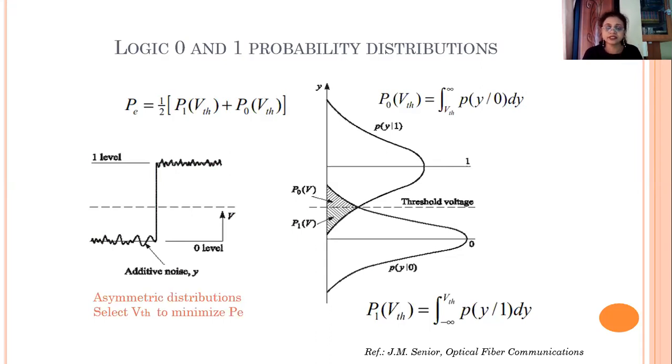But if we are transmitting bit 0, in a very basic modulation scheme, bit 0 corresponds to no pulse. No pulse means there is no light energy present, no photons are present, so no question comes of the presence of statistical noise.